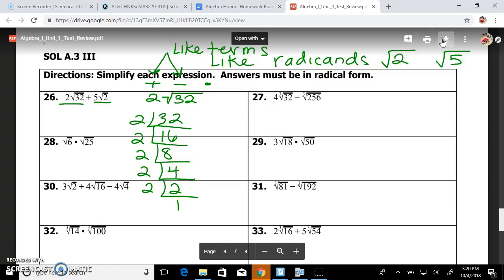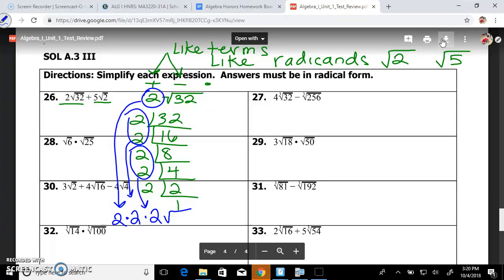Don't forget, we started with a 2 in front, so that comes down. We're looking for groups of 2, so there's one. There's another one. And then there's one little 2 left over. So we've got 2 times 2 times 2, 8 root 2.